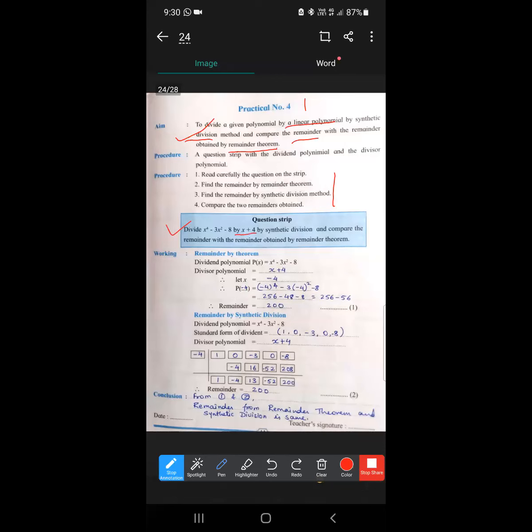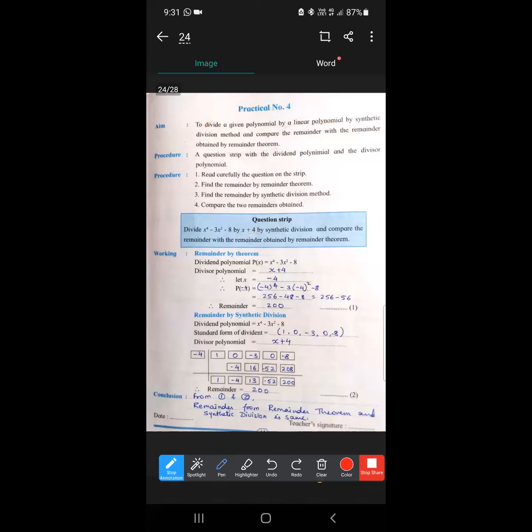Now this is x plus 4, it is a linear polynomial. Okay, it is a linear polynomial. That means what? Degree is 1. By synthetic division, okay, that means you have to carry out the synthetic division and compare the remainder. So whatever the remainder we get by using the synthetic division, that remainder you will check with the remainder theorem also.